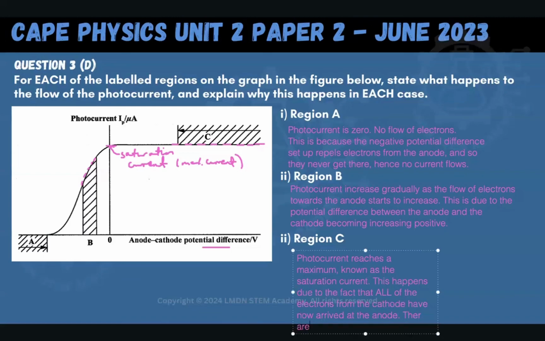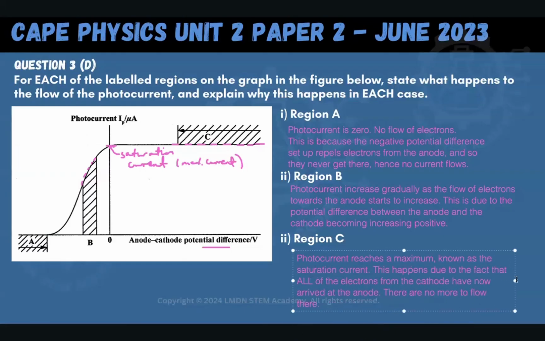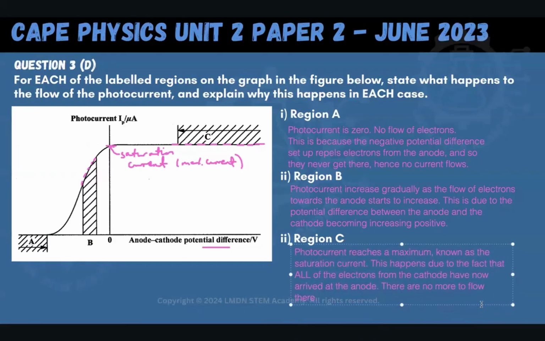There are no more to flow there. Just think about it. The flow doesn't stop, but what we're saying is that all of the electrons that were at the cathode have now ended up at the anode. So there are no more to flow there. And this is what we see.